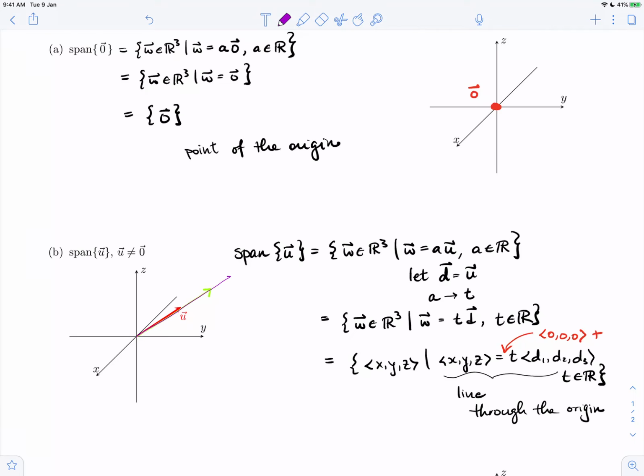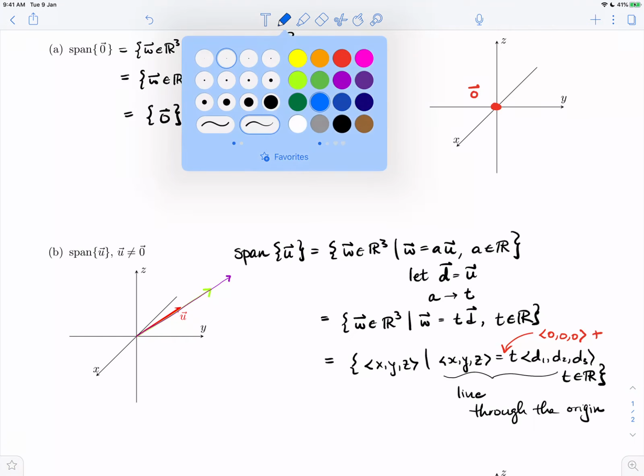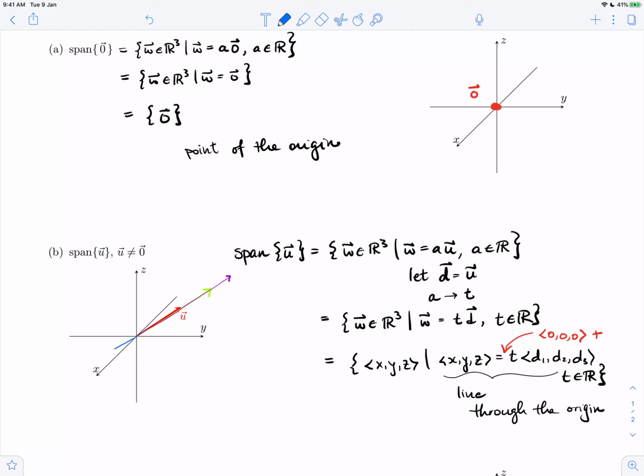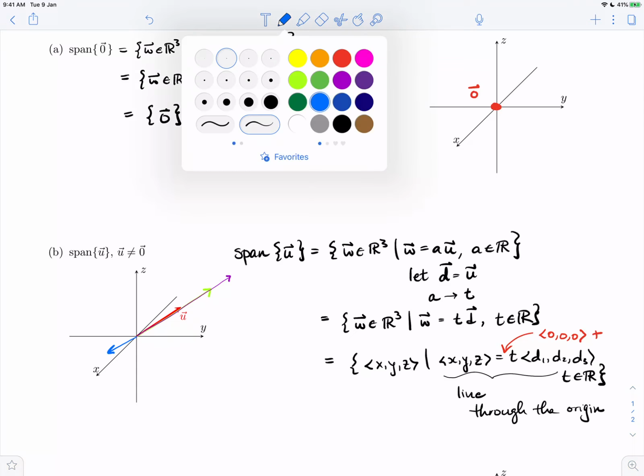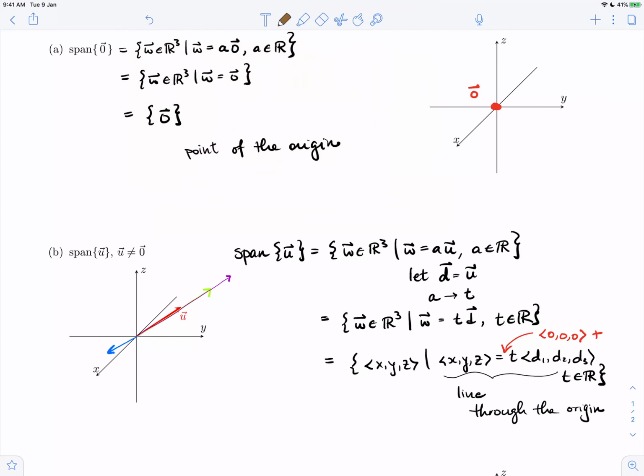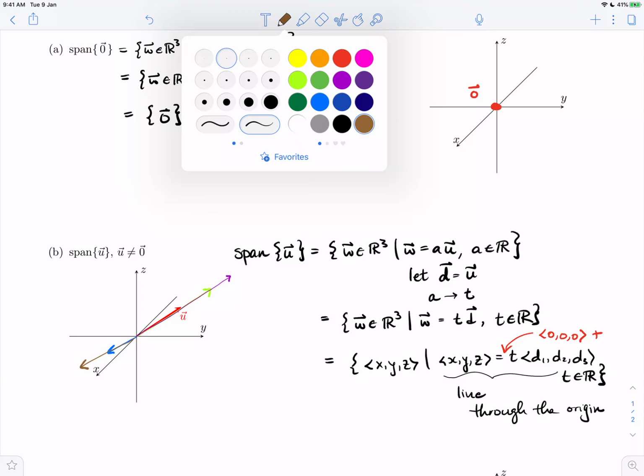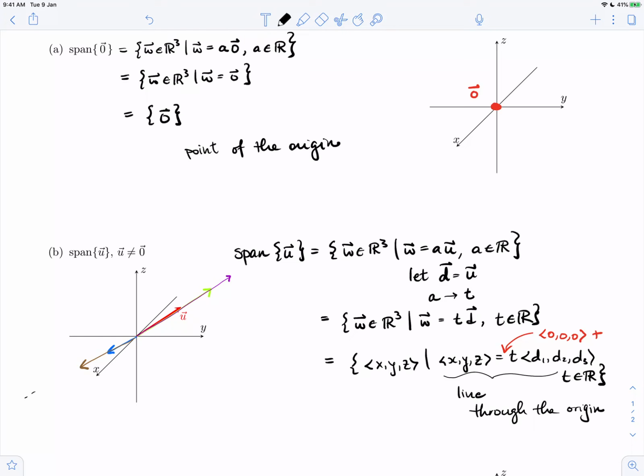It is going to look something like this. If I just keep on drawing vectors that are parallel to u, drawn in standard position, obviously I can't draw all possible of them, but the more and more of them that I draw, it becomes clearer and clearer that those vectors are indeed forming a line through the origin. So the span of a single non-zero vector in R3 is the line through the origin.